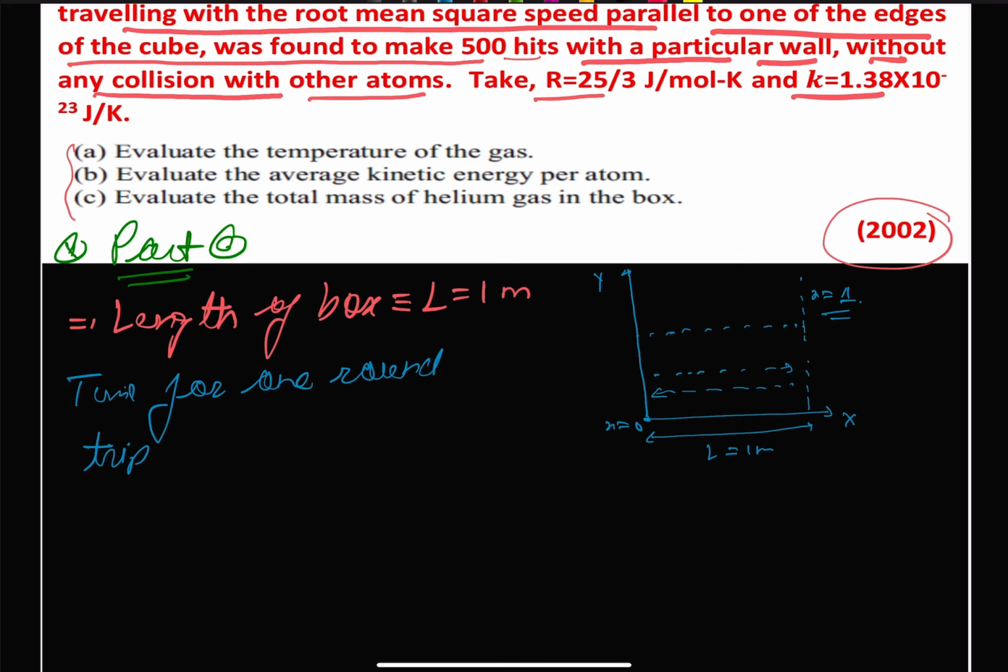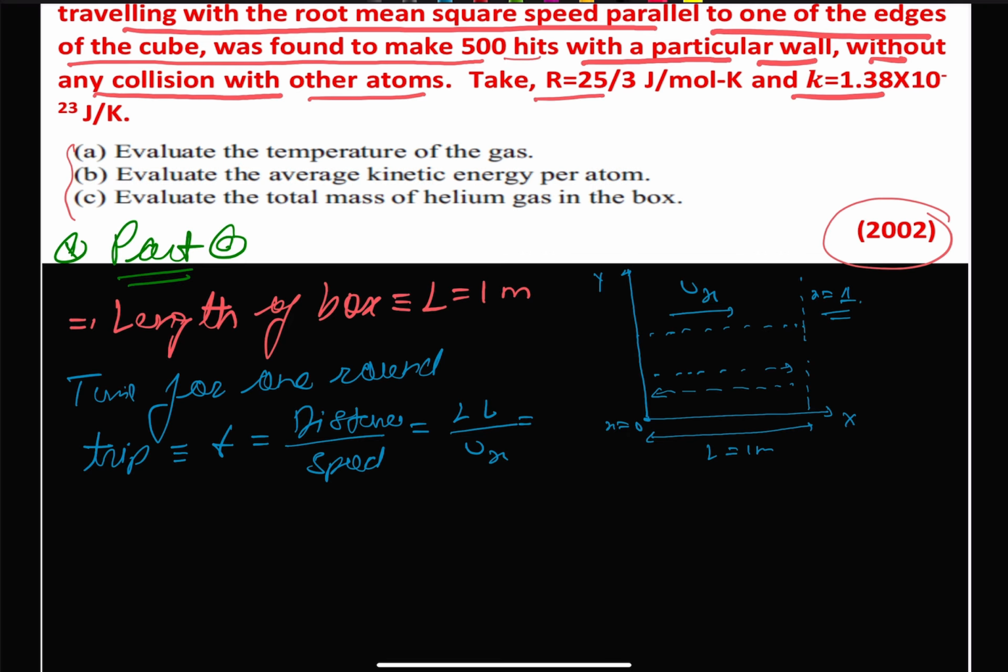and let us suppose that is given as t, and we can use the basic equation that t is equal to distance over speed. Total distance is 2L, and the speed is in the x direction, so we can say this is v of x. So t equals 2L upon v of x.